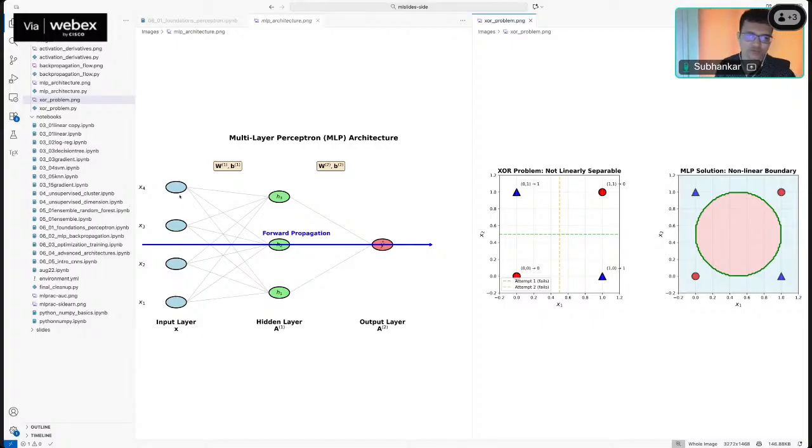So what we do is combine multiple nodes. If you look at this, the input is x1, x2, x3, x4. It goes as input to multiple neurons, and from each of the neurons the same information passes through intermediate layers.